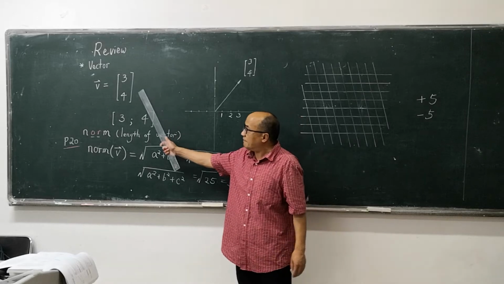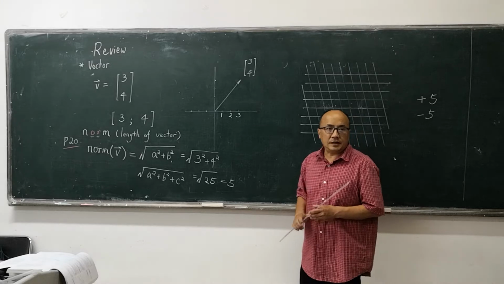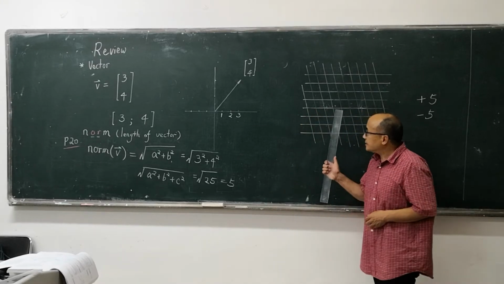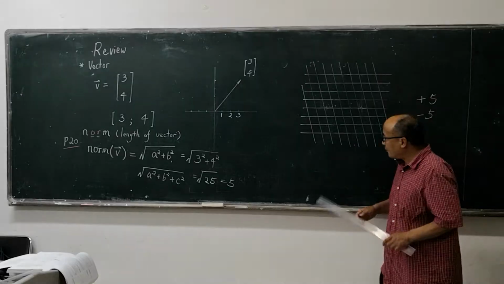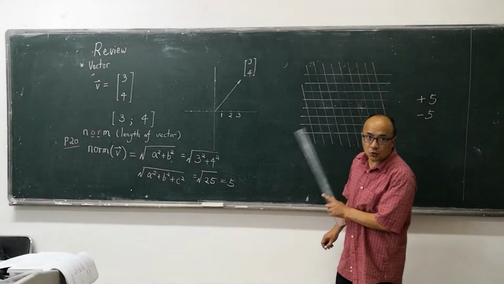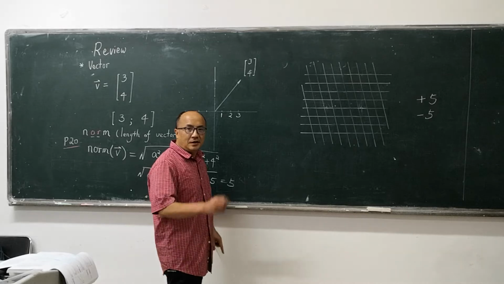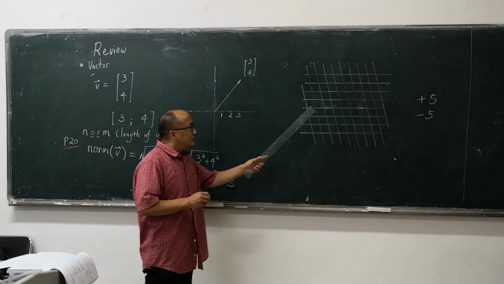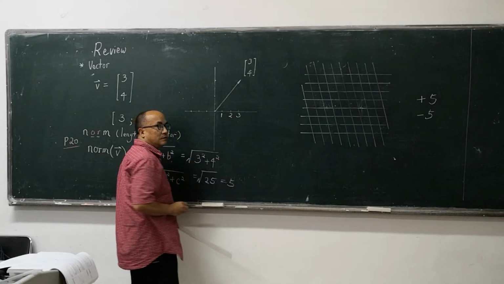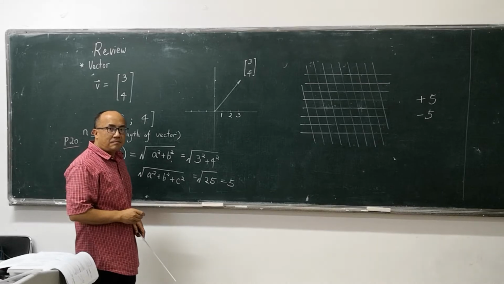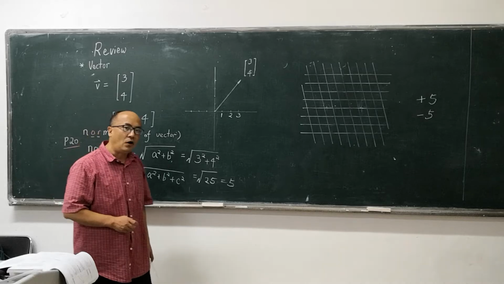So, I give you a vector. You should be able to draw it. And today's new idea is on this, the same thing. 3, 4. If I want you to draw the vector on this grid, there's no origin here. Here, you have the origin. But like I said before, a vector does not have an origin.